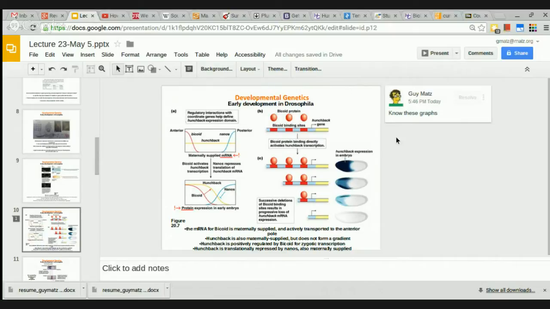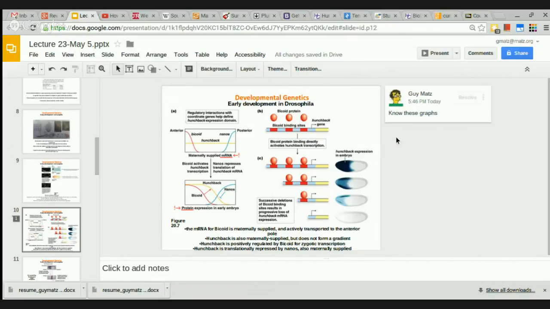The first thing is what the axes are. The x-axis is position in the embryo, and the y-axis is amounts, basically. And I underlined that the top one represents amounts for the messenger RNAs that are labeled here, and the bottom ones for the protein, not the same thing.